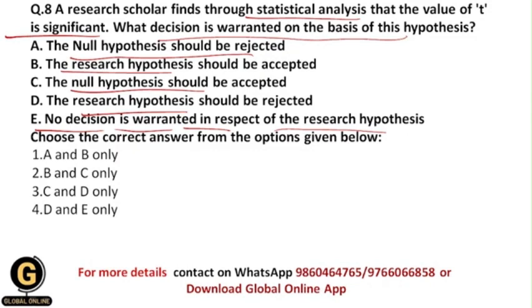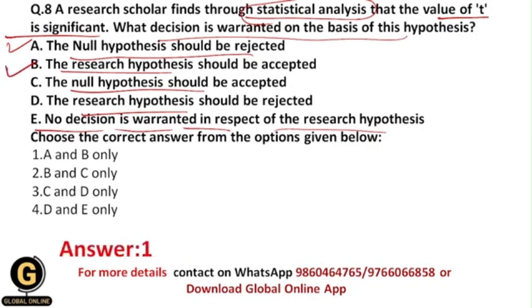And over here, after doing the statistical analysis, the researcher has got a significant t-value. So whenever we get the t-value as a significant value, then we need to accept the research hypothesis, and that's why in this situation we need to reject the null hypothesis. So two decisions are warranted over here on the basis of this hypothesis, and these two decisions are that the null hypothesis should be rejected and the research hypothesis should be accepted.